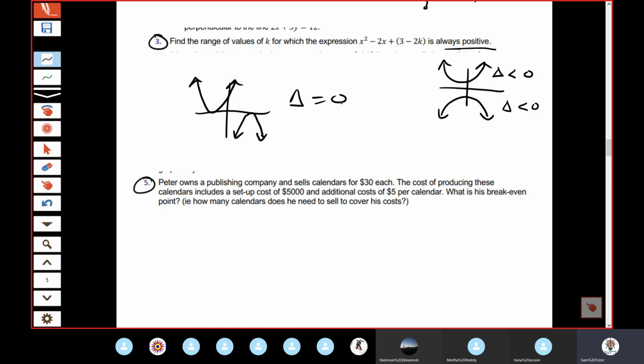But is it always positive? Well, right here, is that positive? No. Right there, that's 0. Is 0 a positive number or a negative number? It's neutral. It's neither positive nor negative. So that has 1 root. That's what discriminant equals 0 means.